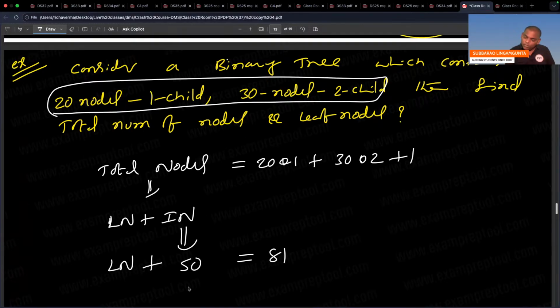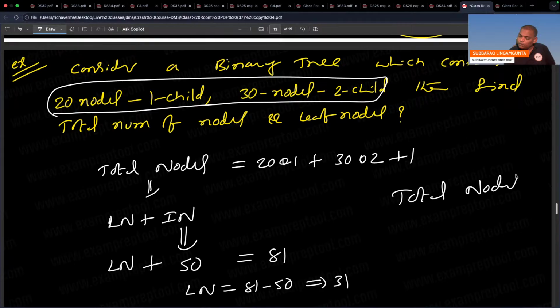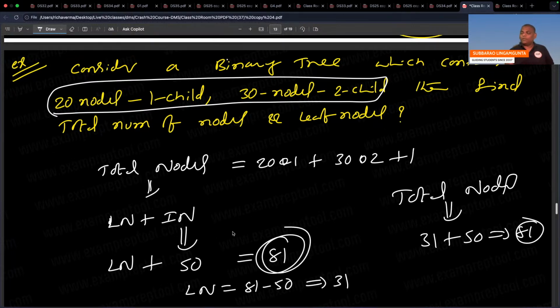Now leaf nodes is going to be 81 minus 50, which is 31. So total nodes are 81 and leaf nodes are 31.